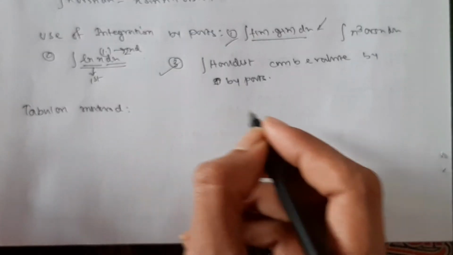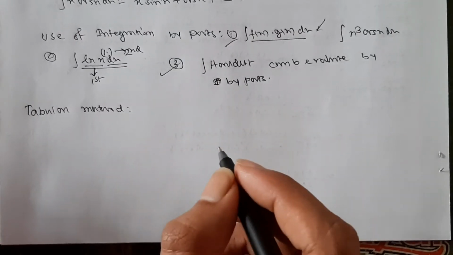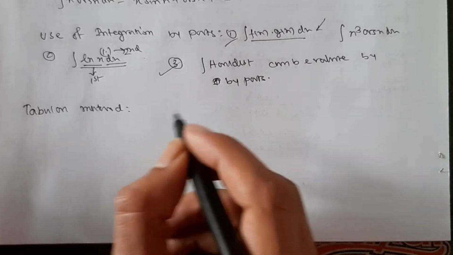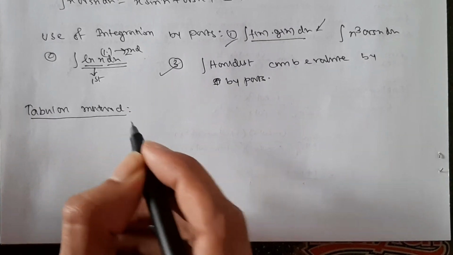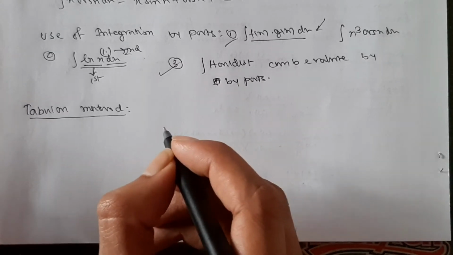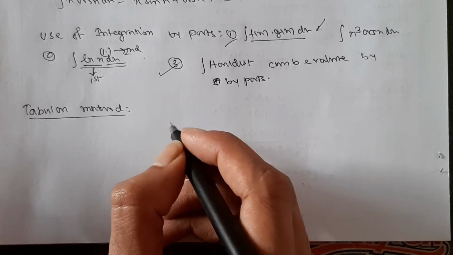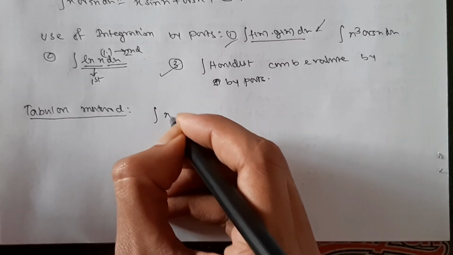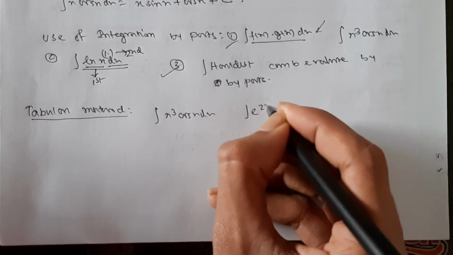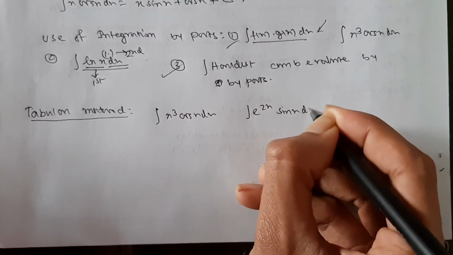It is a shortcut form of integration by parts, but one has to say that not all forms of integration can be evaluated by the tabular method. It is only a specific rule for some specific types of integration, like x cube cos x dx, e to the power 2x sin x dx.